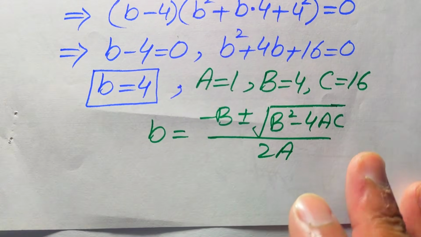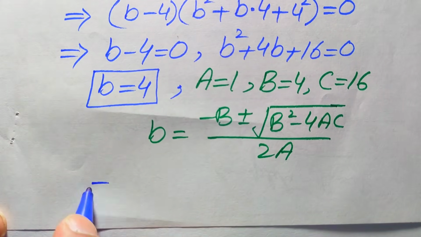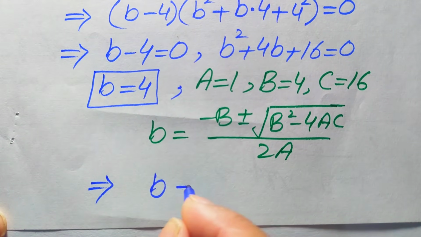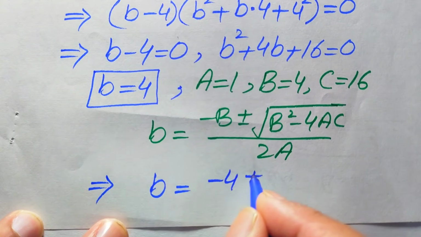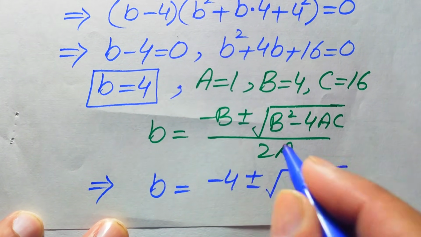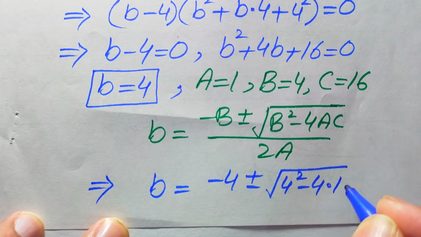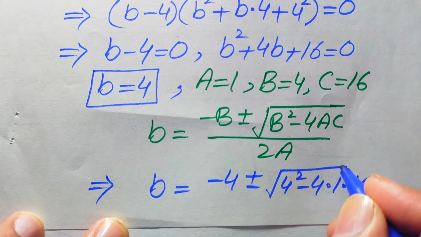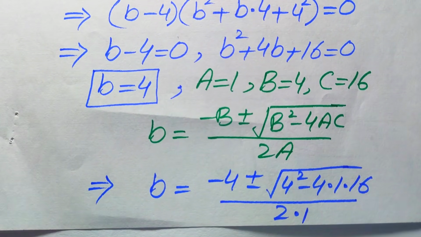So here we substitute all the values of a, b and c in this formula, and we have b equals minus 4 plus minus square root of 4 squared minus 4 times 1 times 16, divided by 2 times 1.